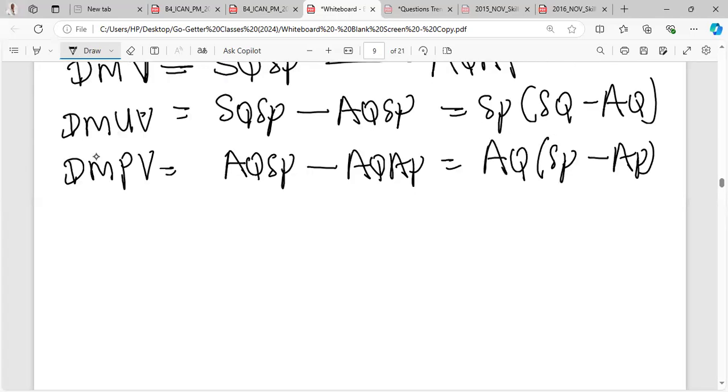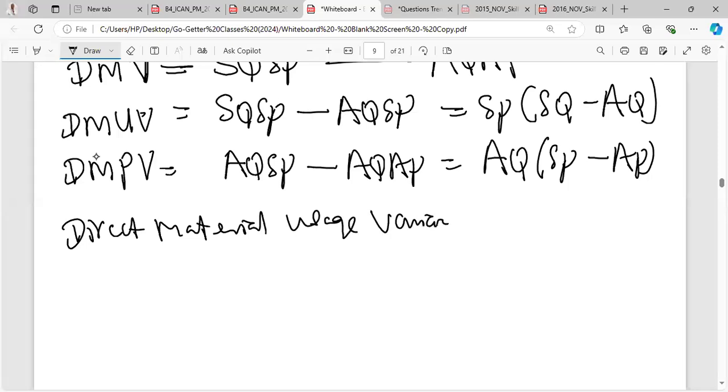So direct material usage variance, which I say is DMUV. We are going to look at materials, then standard quantity.